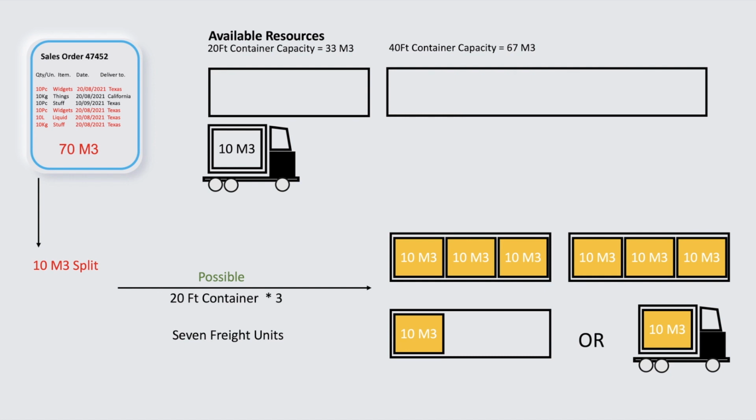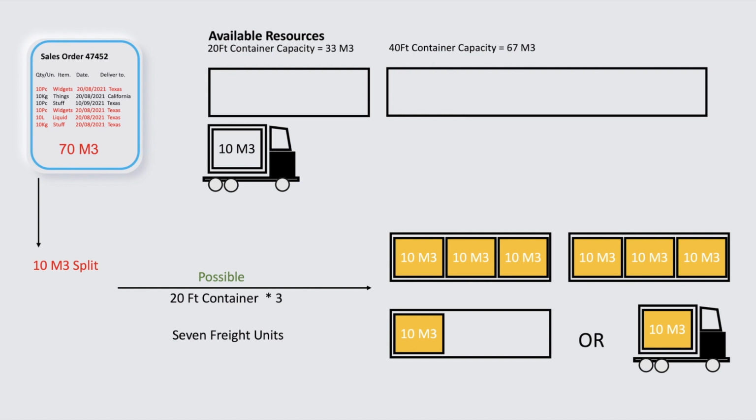However, because a freight unit once created cannot be split in basic transportation management, it means that when you are going to set up your freight unit building rule, you need to plan for the common denominator.